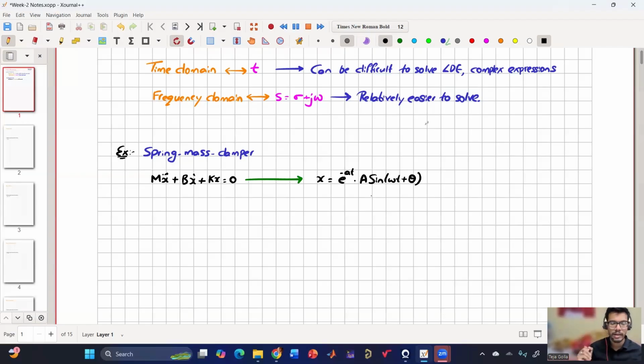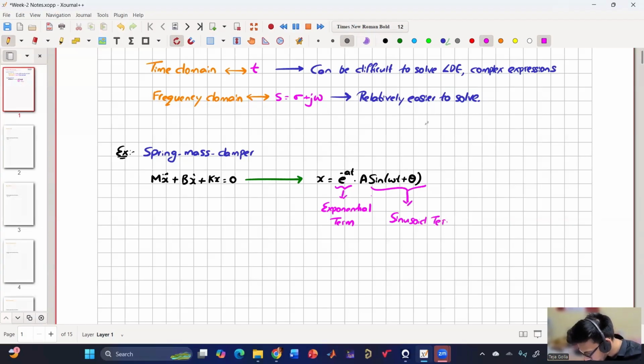So if you solve by time domain, you need to deal with both the exponential term as well as the trigonometric term. So as you can see, this is the exponential term. And this is the trigonometry term, or I would say sinusoid instead of trigonometry, exponential as well as sinusoid term.